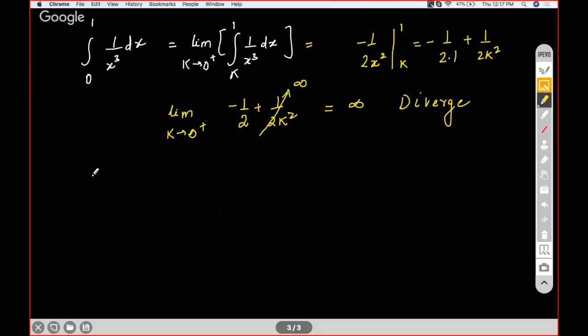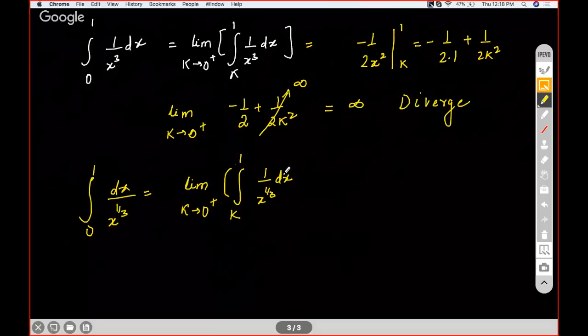But on the other hand, if I ask you to integrate dx by cube root of x from, let's say, 0 to 1, let's apply the same funda. K tending to 0 plus, 1 by x to the power 1 by 3 dx from k to 1. So if I'm not wrong, integration of this will be 3 by 2 into x to the power 2 by 3.